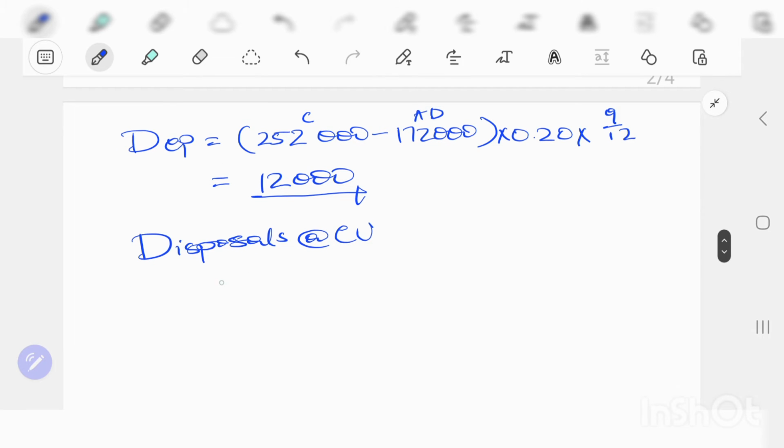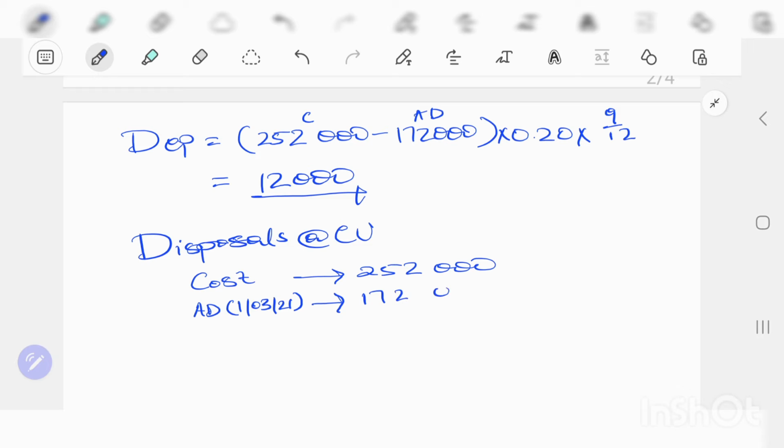So this asset has a cost price of how much? It has a cost price of 252,000. And then the accumulated depreciation at the beginning of the year, on the 1st of March, was how much? Was 172,000.